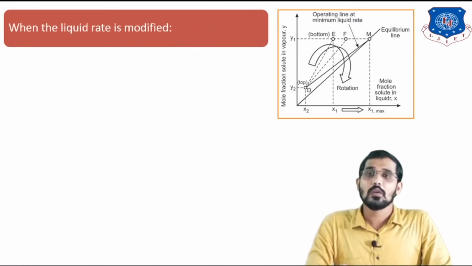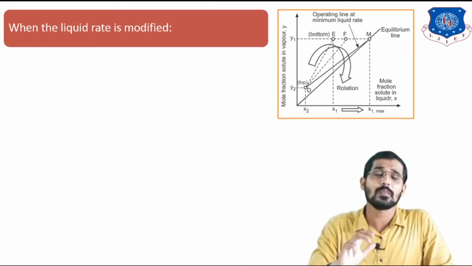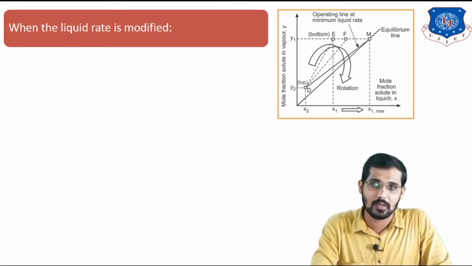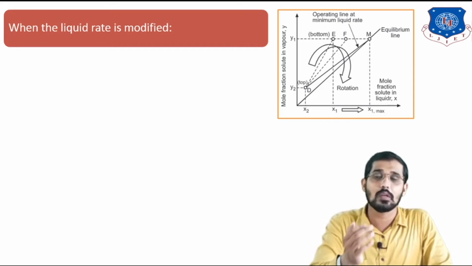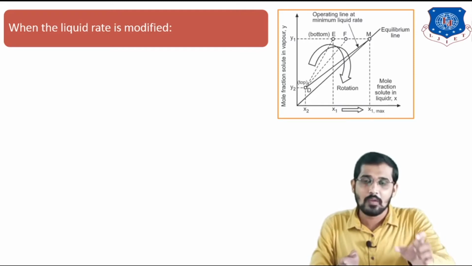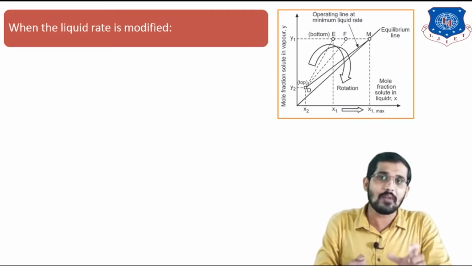When the liquid flow rate is modified, means when we are altering the liquid flow rate, now we are going to see rotation of the operating line. Rotation of the operating line means now we are going to move the operating line from DE to DM. First we will move from DE to DF, after that we will move DF to DM.